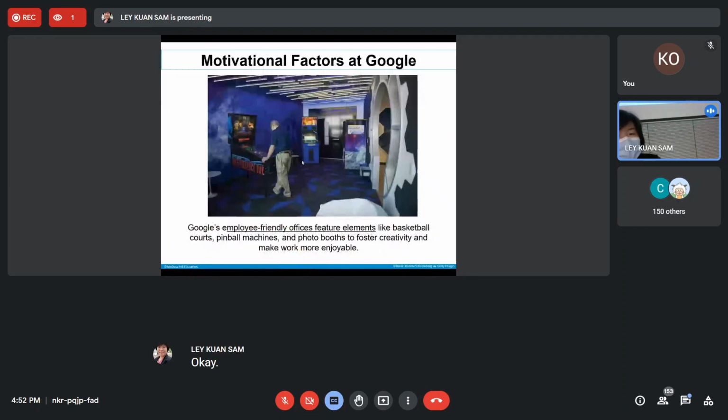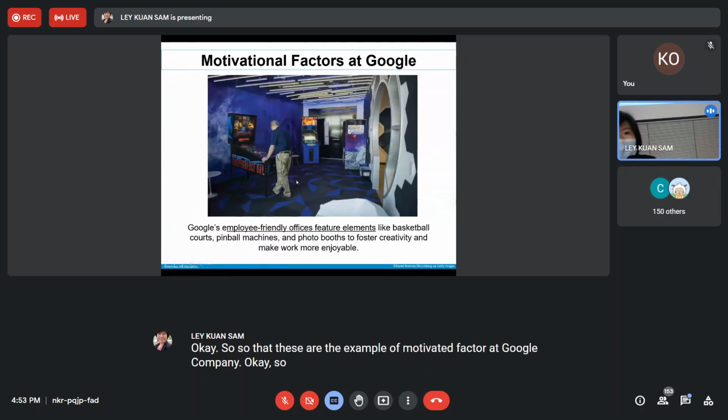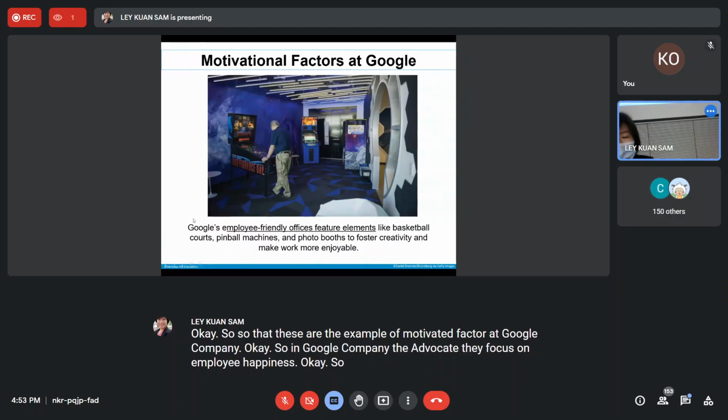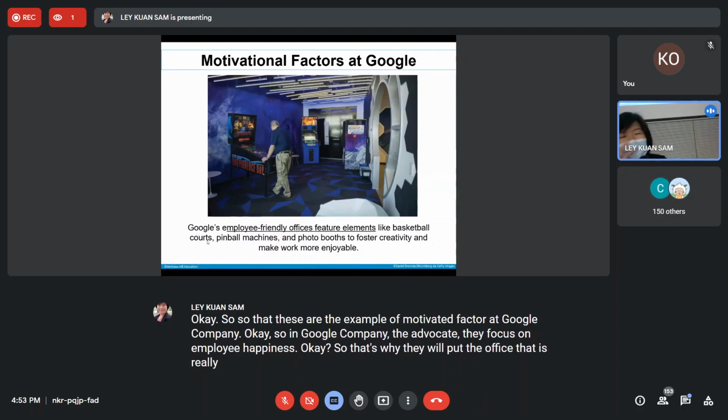These are examples of motivational factors at Google. In Google, they focus on employee happiness, so they create an office that is very relaxed and enjoyable.